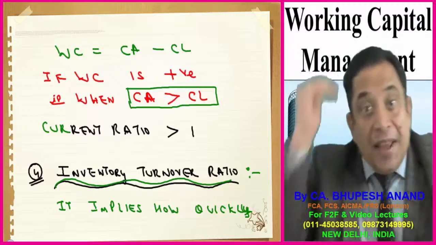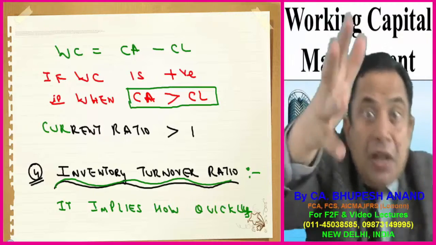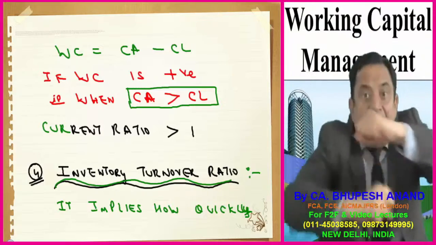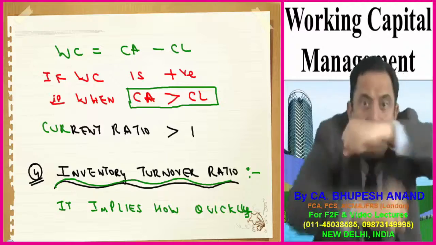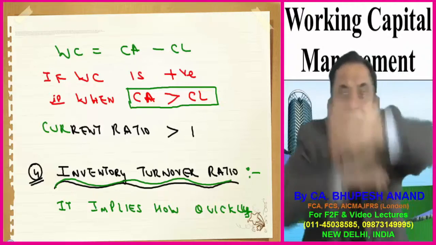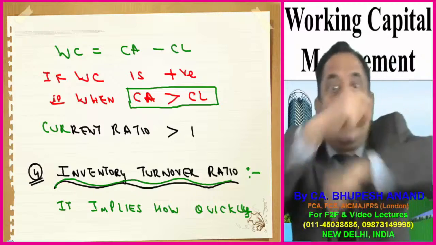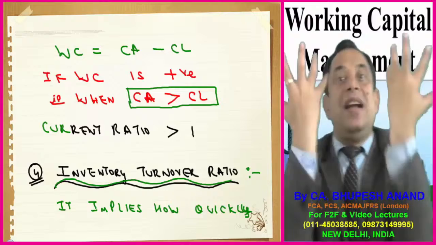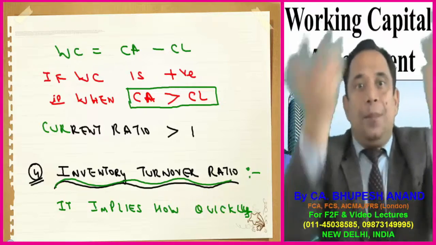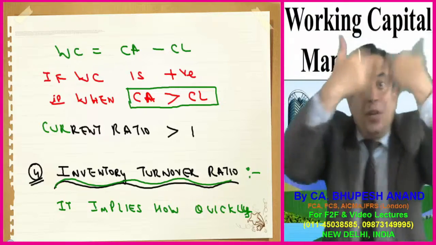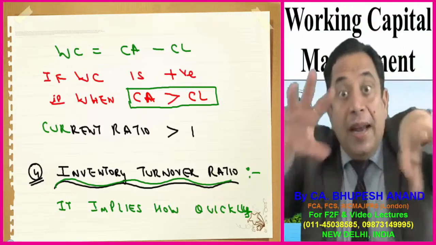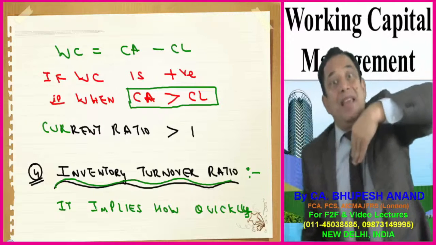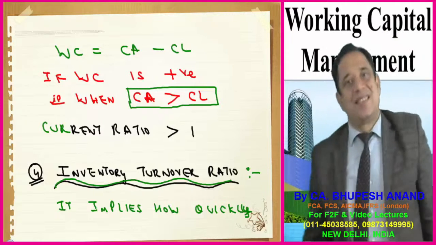Learning outcome B, inventory turnover ratio. As the name indicates, inventory turn, how many times it is turning. It is a measure of how many times in a year this inventory is being bought and sold. The higher the number of times this ratio is, the better it is.